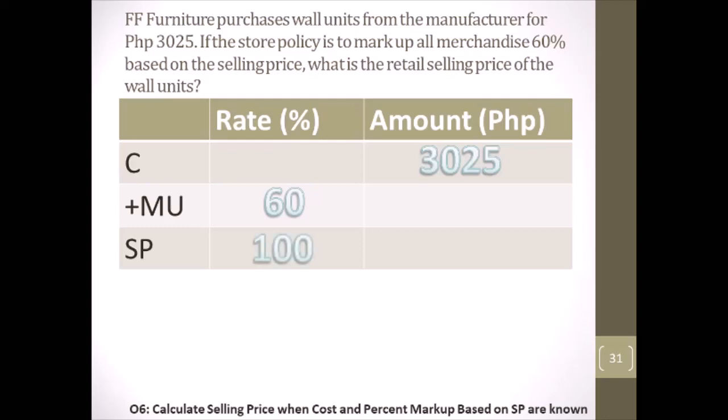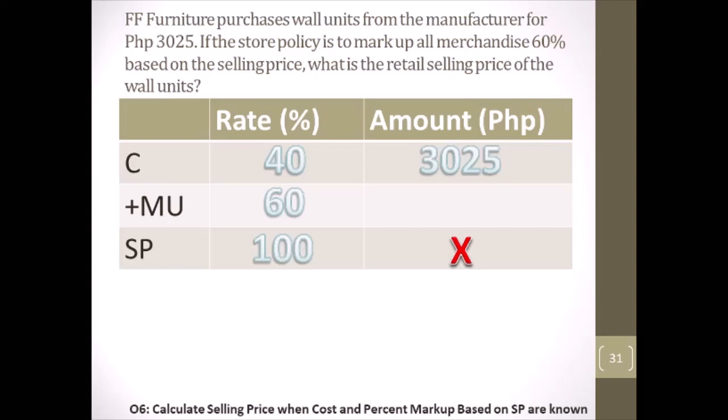100% is assigned to the rate of the selling price because it is markup based on the selling price. And the question is, what is the retail selling price of the wall units? So X is for this one. We are adding the rate on this to get 100%, or simply 40.